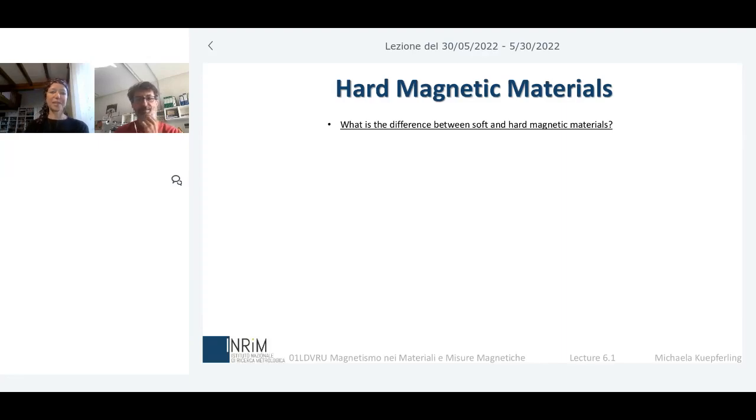So of course you're welcome as every time to write in the chat your answers. So what is the difference between soft and hard magnetic materials? Somebody who is courageous enough to answer this very difficult question.